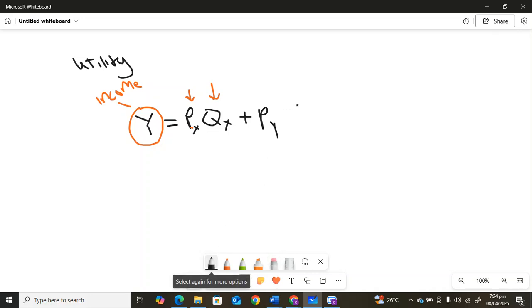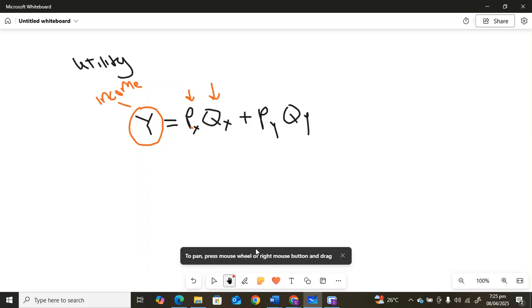Py is the price of good Y. Qy is the quantity of good Y. All right. Now, in other textbooks, you find Px times x plus Py times y, as I wrote it earlier on. But this is the format of the budget constraint equation.